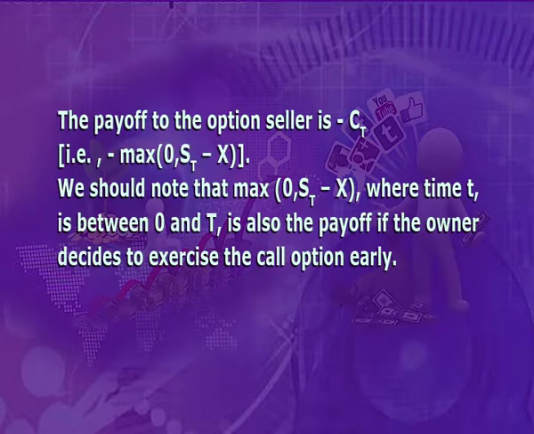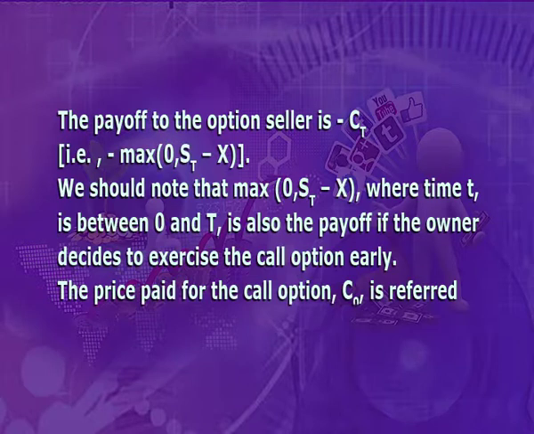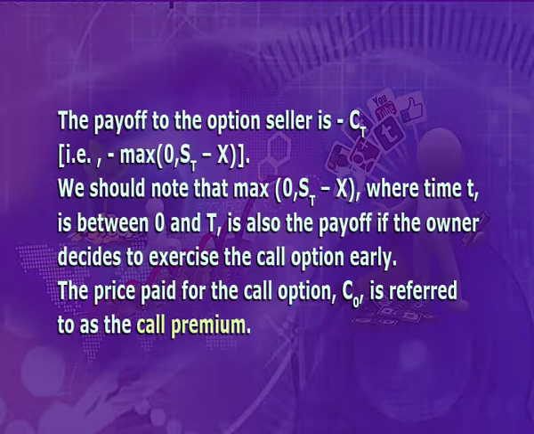We should note that max[0, St minus X], where time t is between 0 and T, is also the payoff if the owner decides to exercise the call option early. The price paid for the call option, that is C0, is referred to as the call premium.